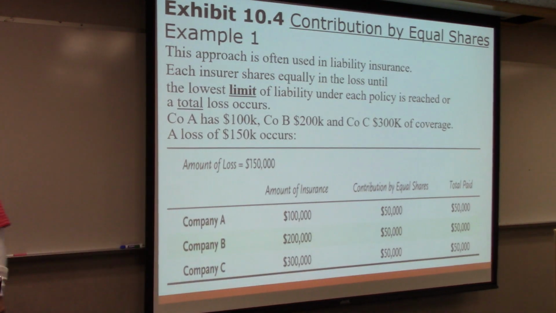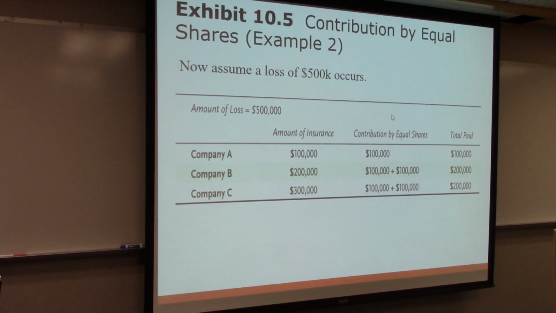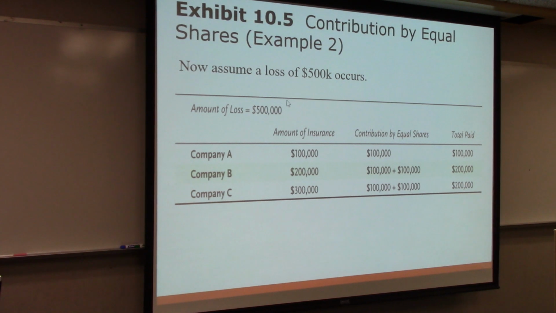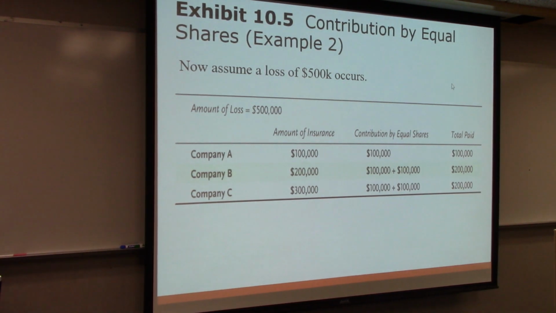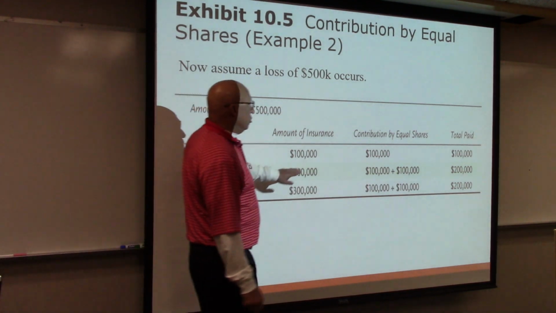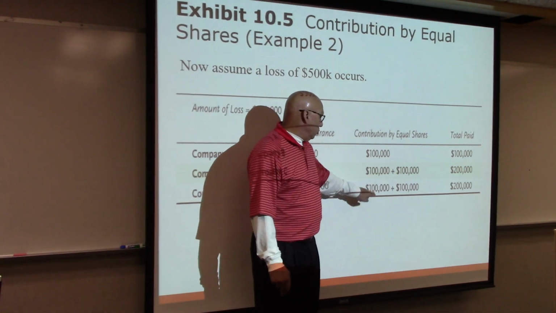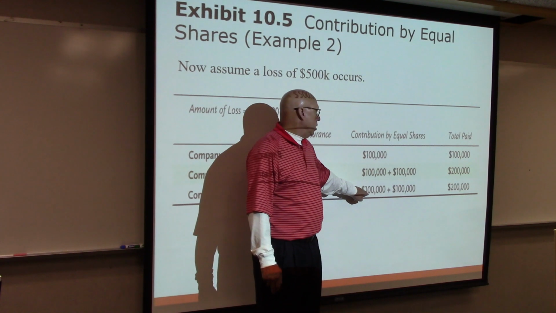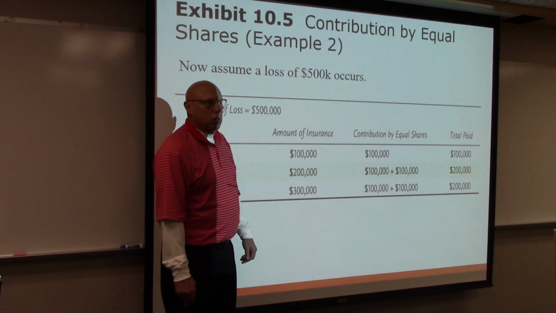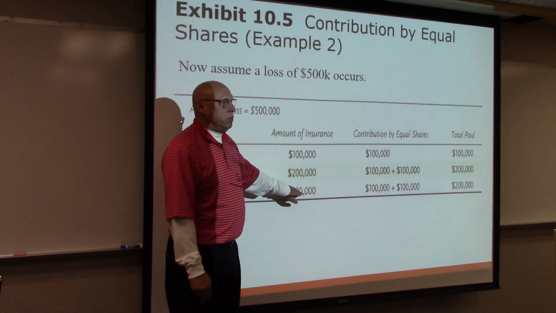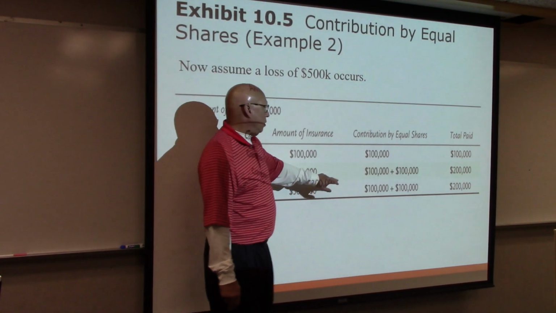Okay, here's another example. Now assume a $500,000 loss happens. So contribution by equal shares, 100, 100, and 100. That's 300,000. Now there's 200,000 left to be split equally by these two companies. So that's how they would do it.